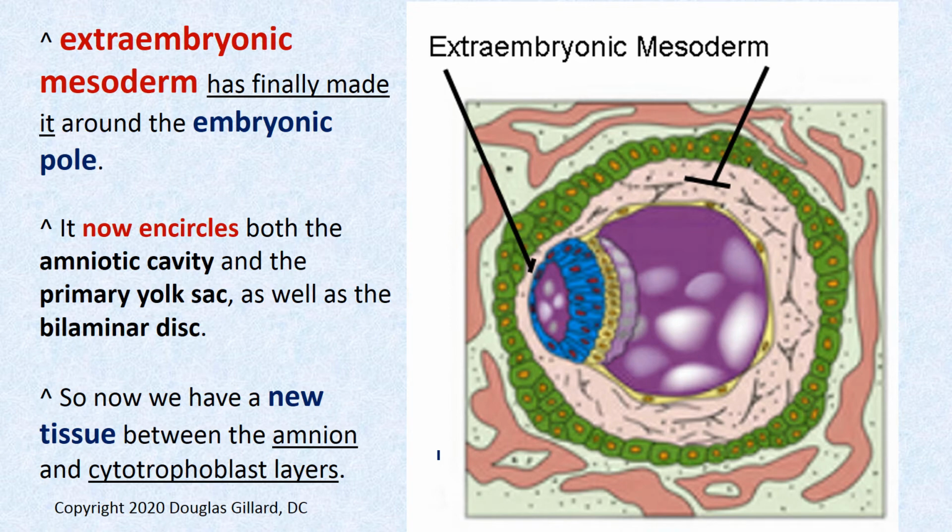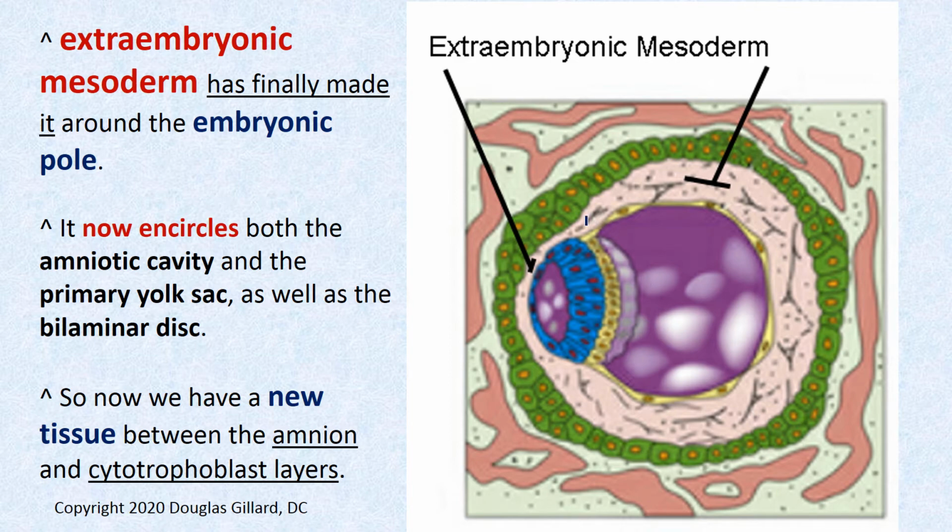No more ranting today. All right, so now this picture's very cool. We can see Heuser's membrane here in yellow, and we can see the trophoblast in green. And now we can see our new extraembryonic mesoderm has actually pushed its way all the way around. Let's see, is that correct?